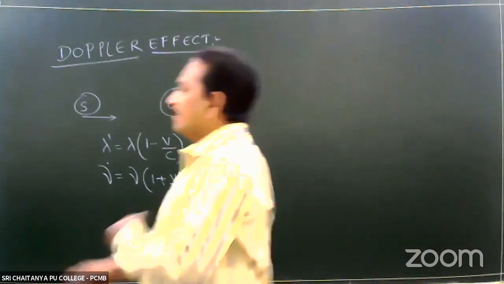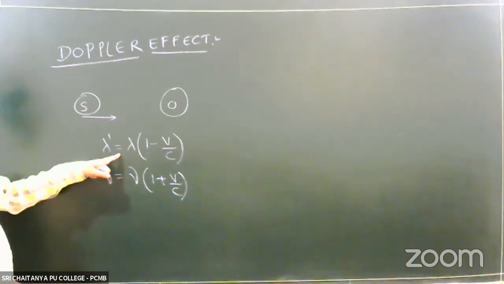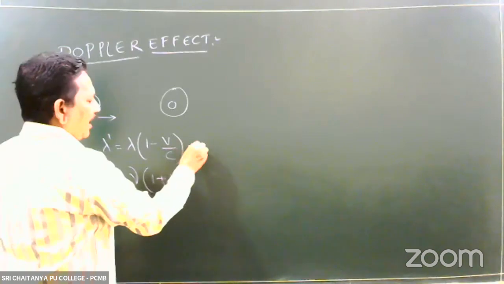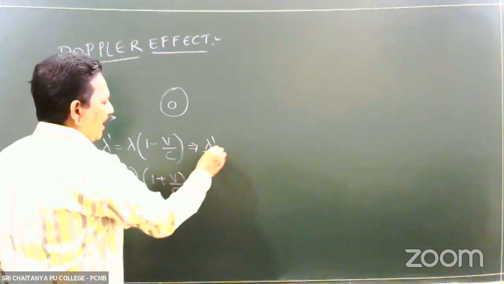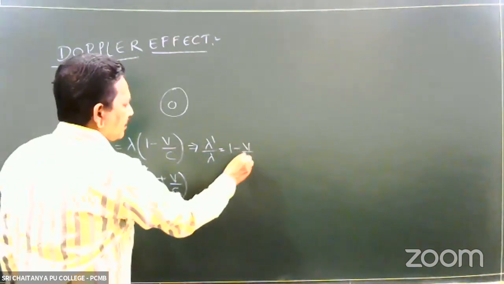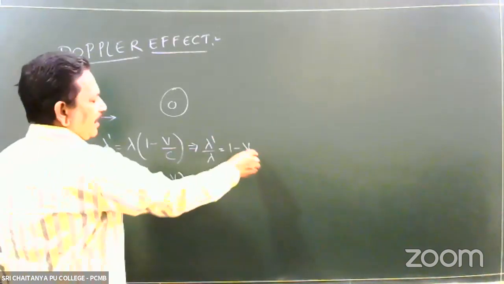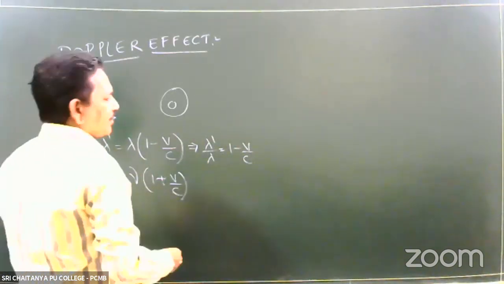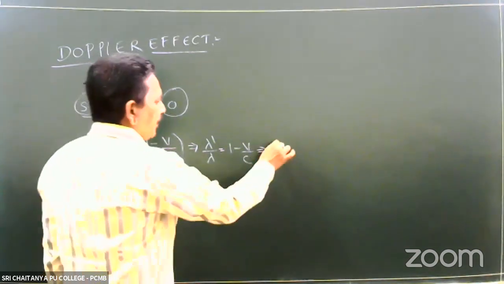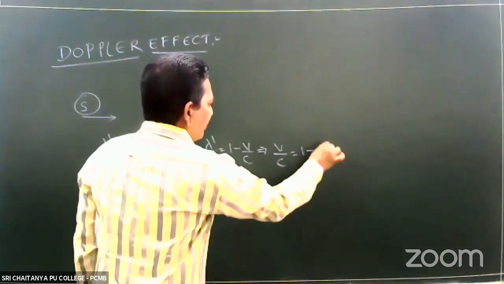I want the fractional change in wavelength, so modify this one. Lambda dash by lambda is equal to 1 minus V by C. Take lambda dash by lambda to that side and V by C to this side, which gives V by C is equal to 1 minus lambda dash by lambda.